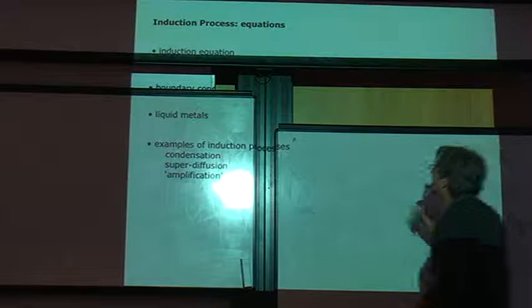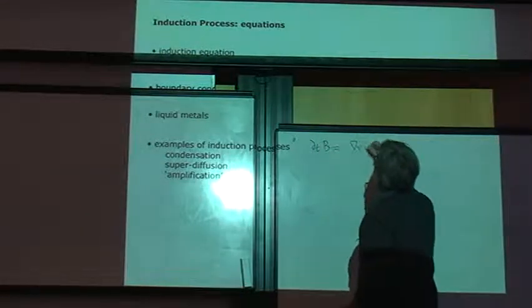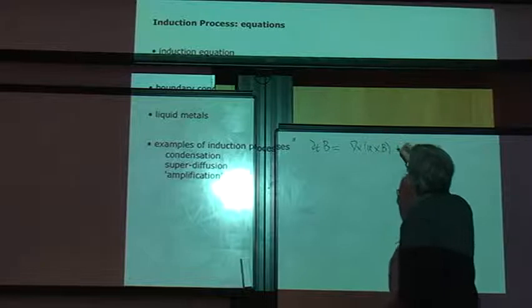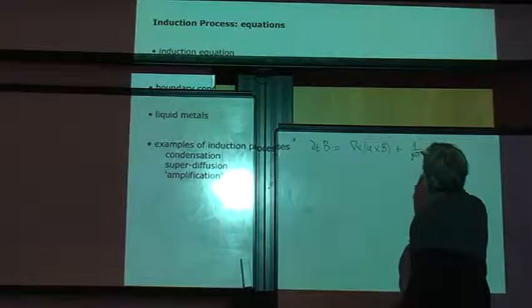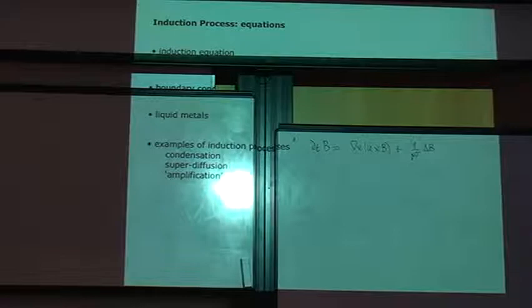The first thing that I'll write again is the induction equation, right? What I'll be trying to describe today is induction processes. That is, you apply a magnetic field on a flow of a conducting liquid. In a lab, that means a metal, and we'll come back to it. And then you try to measure and understand how those magnetic field lines get distorted by the motion of the flow. All right?